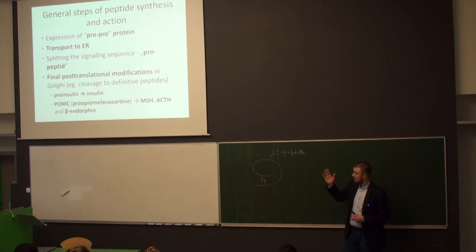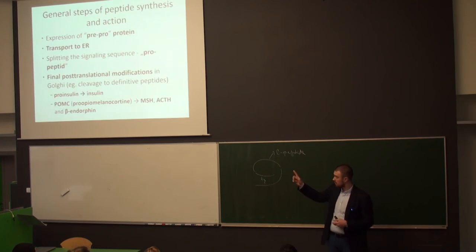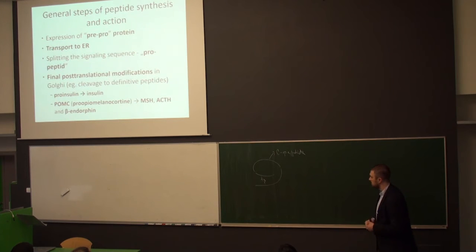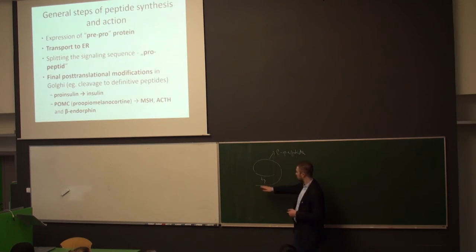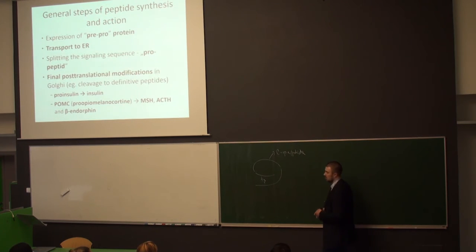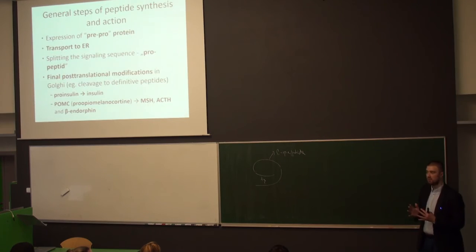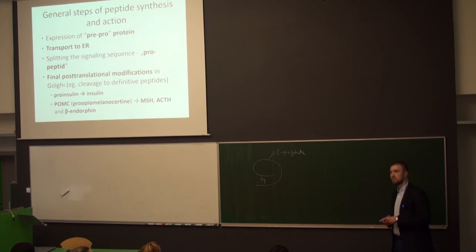And here comes the removing of the second prefix. That means that from the molecule of proinsulin, you produce the final insulin molecule. That means that from propeptide, you produce peptide, from prohormone, you produce hormone, and from proinsulin, you produce insulin. And these post-translational modifications can be different for different molecules.